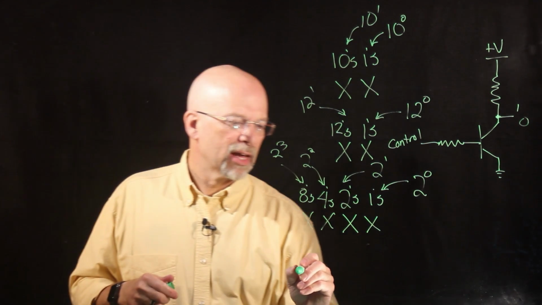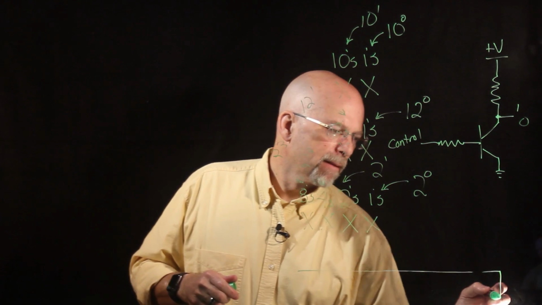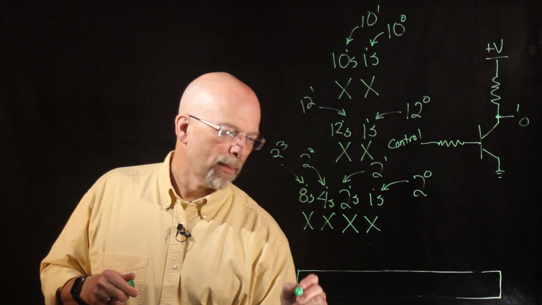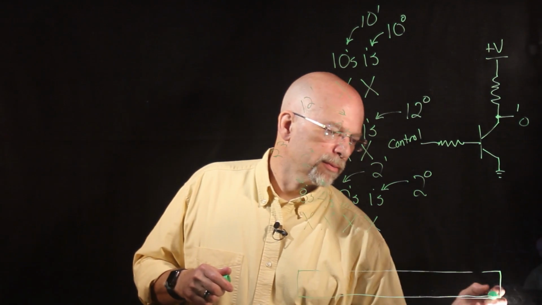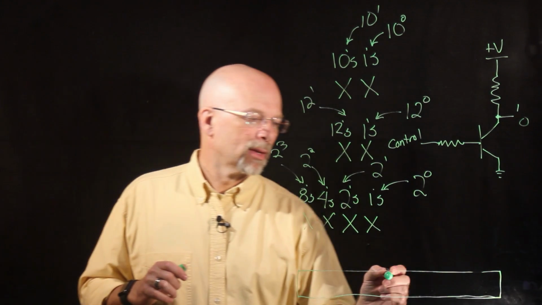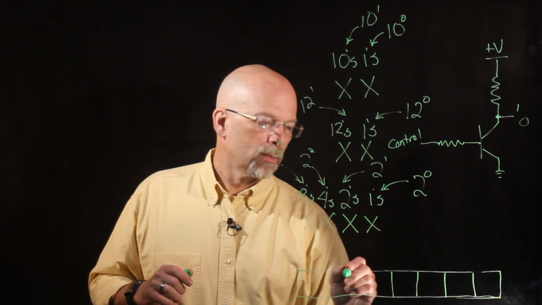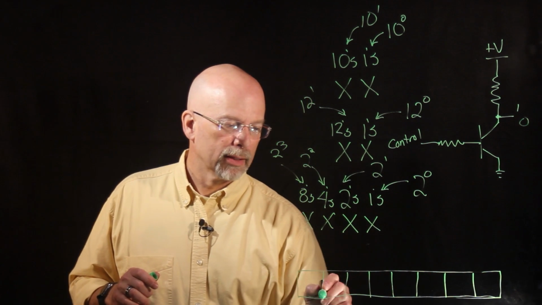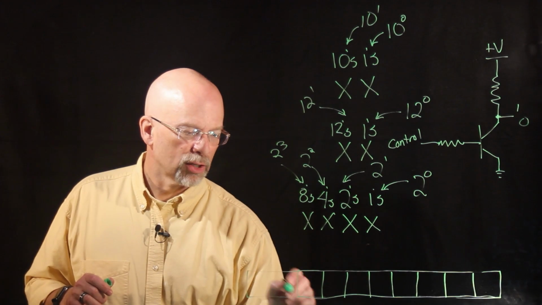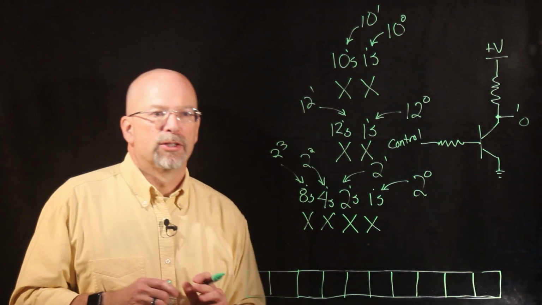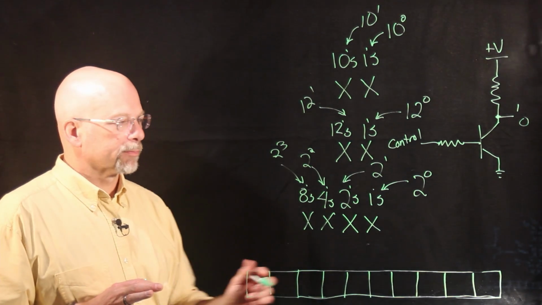Let's instead draw a representation of our transistor. Sorry about the pen. We'll do it with, let's see, 10 digits, right? All right, so we've got all 10 digits there.